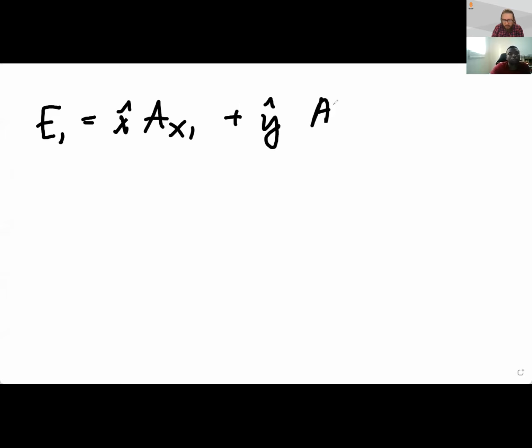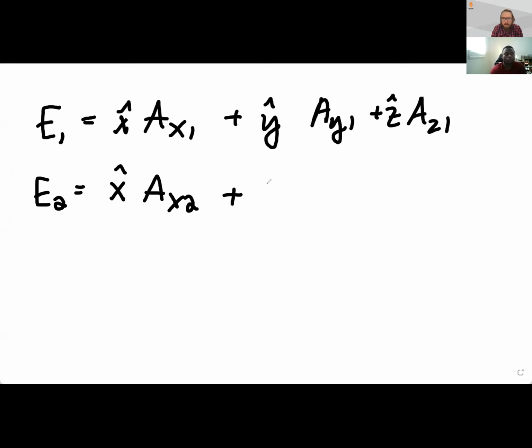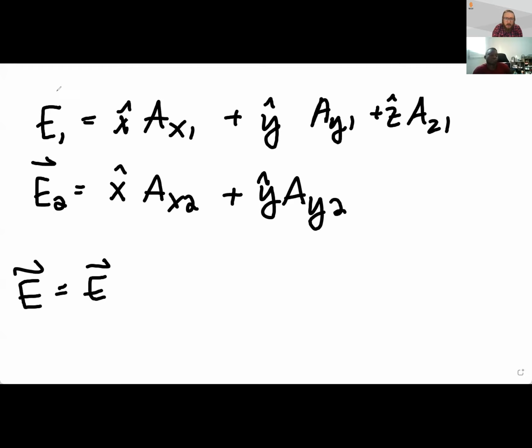For superposition, let's say we have field E1, and let's say these are our two fields. The superposition E is E1 plus E2.